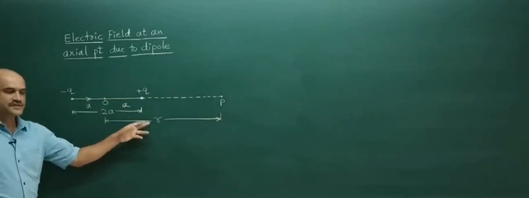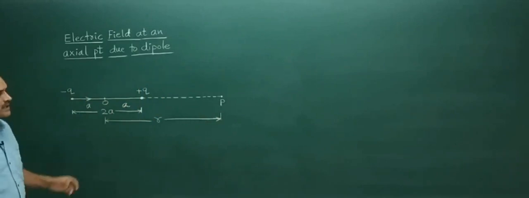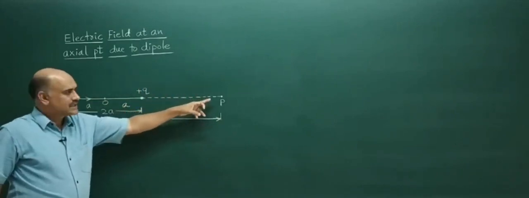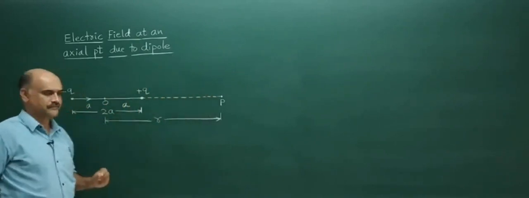So this distance is very much greater than 2a or a. We are required to find electric field due to these charges at point P.